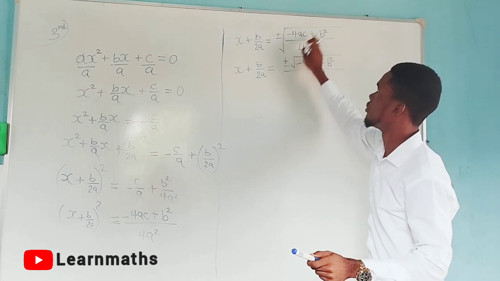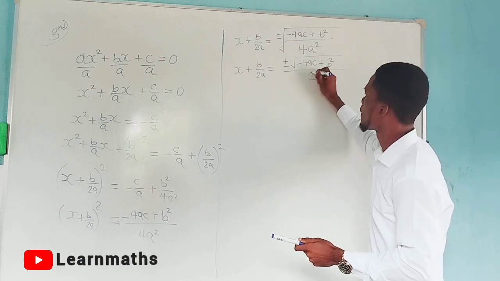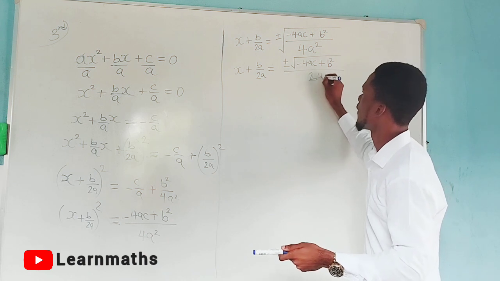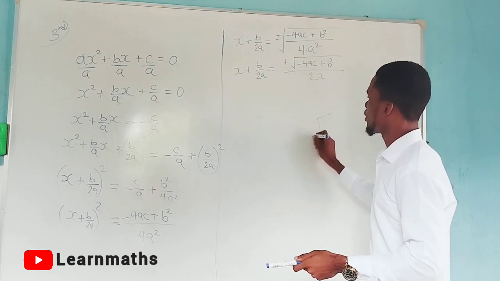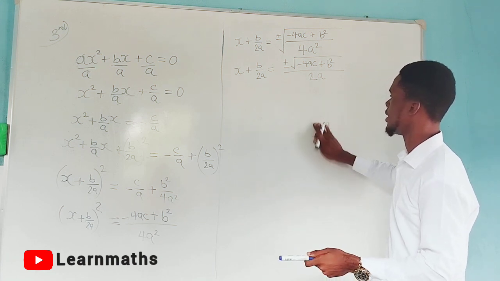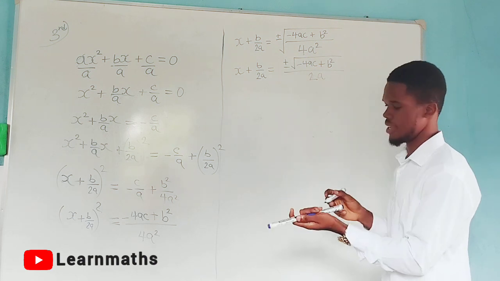The square root of 4 is 2, and the square root of a squared is a. So we have 2a.